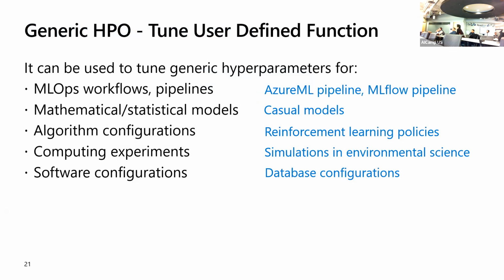We can tune generic hyperparameters for machine learning workflows, pipelines, algorithms such as reinforcement policies, mathematical statistical models like causal models, and so on. So far, our biggest success is in AutoML, but there are already use cases of FLAML beyond AutoML, which verifies general usability. It has a big potential in other fields.